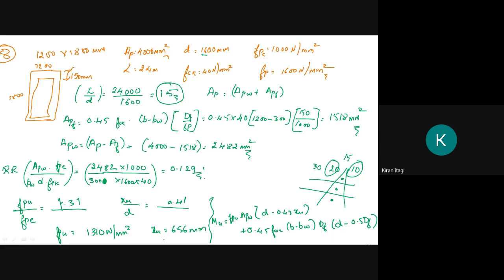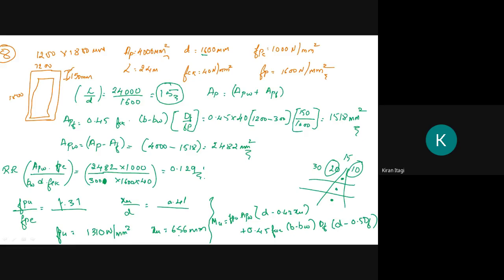Mu equals 1310 multiplied by 2482 in bracket 1600 minus 0.42 into 656 bracket close, plus 0.45 multiplied by 40 in bracket 1200 minus 300, then multiplied by 150, then multiplied by bracket open 1600 minus 0.5 into 150.